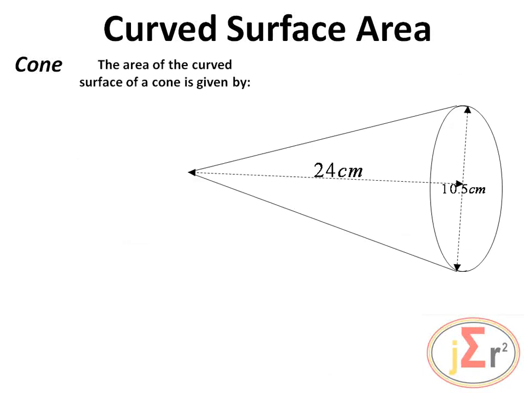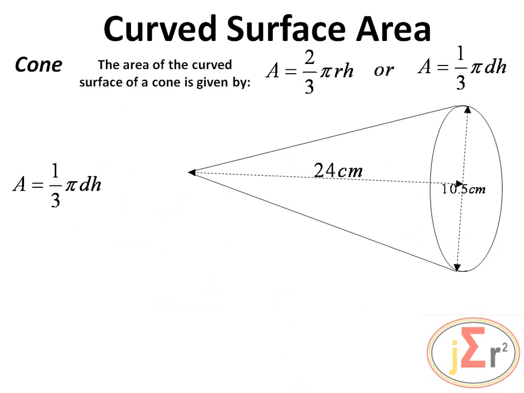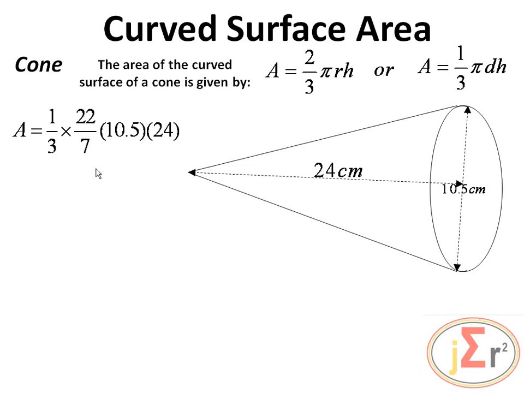There's another cone. And why do we use area is equal to 1/3 pi dh? Why do we use that? Because the diameter of the base is given in this particular case. So 1/3 pi dh.